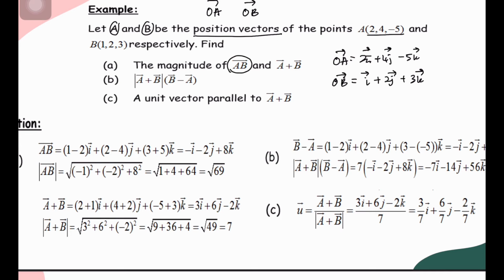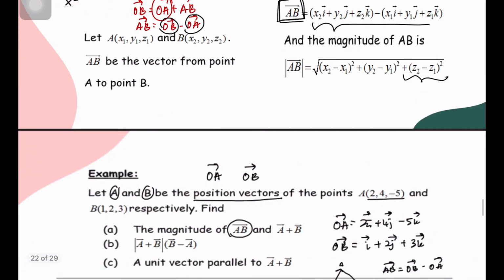We know that if we have OA and we have OB, to find AB, the formula is OB minus OA.